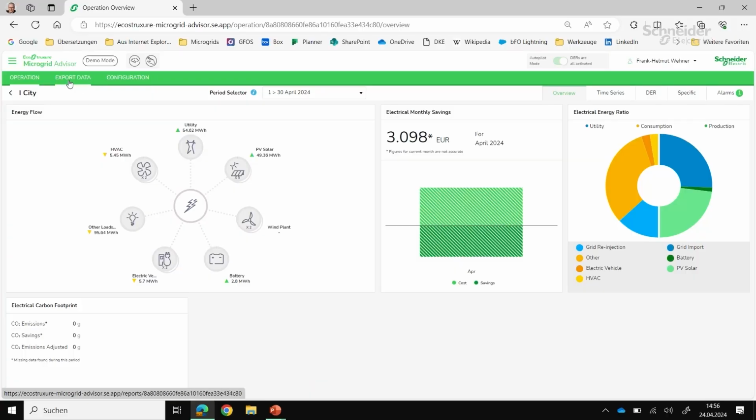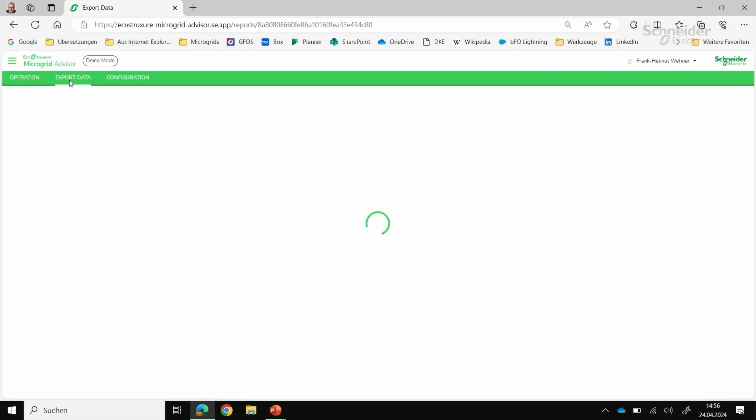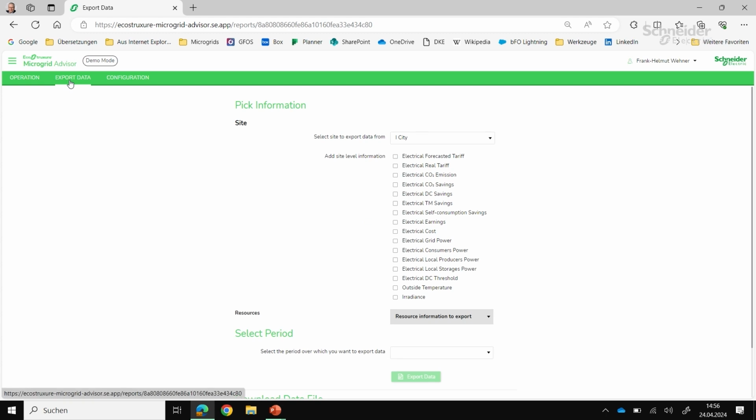So finally, you may want to use data from the platform to do further analysis. And you can do that. If you go to the export data segment here, you will see a list of data that you can extract either from a site level or from the individual DER.